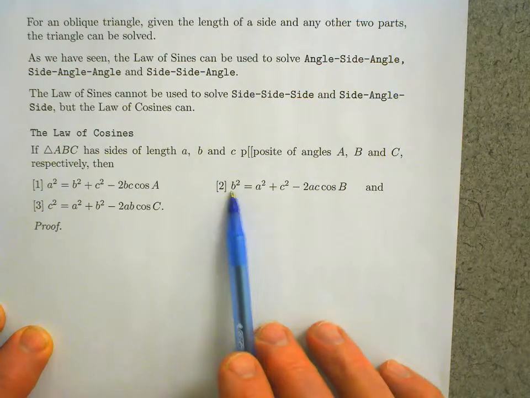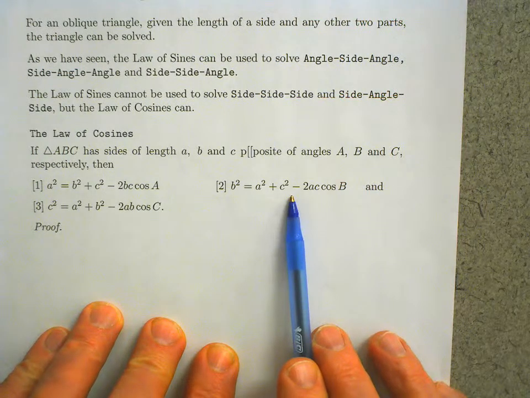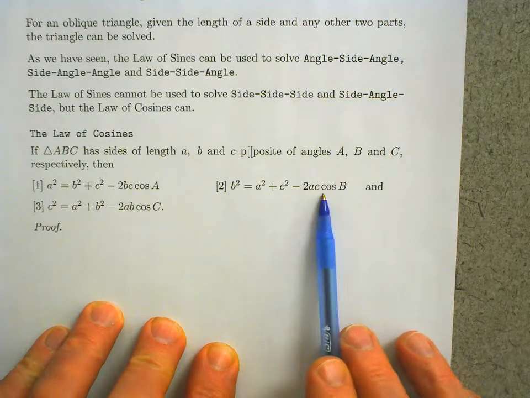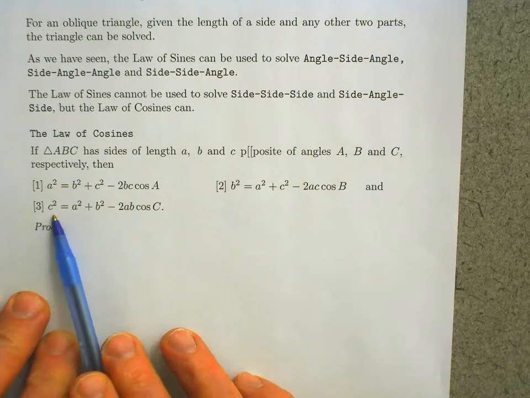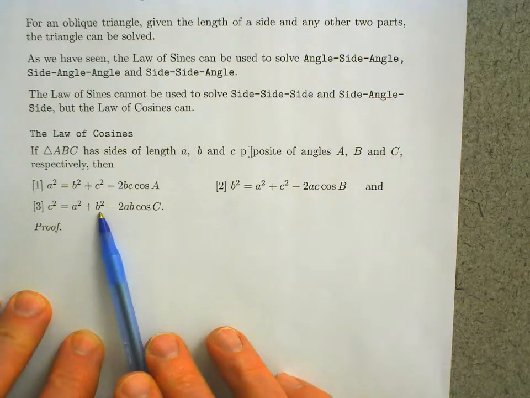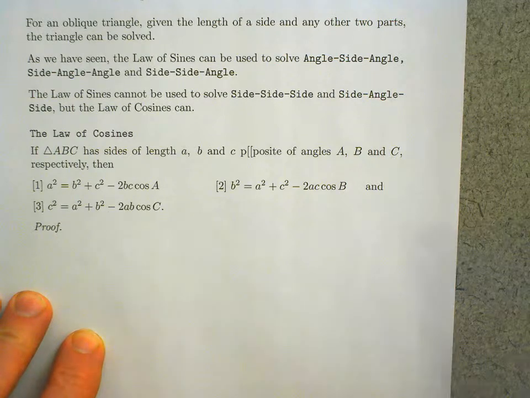It's also true that b squared is equal to a squared plus c squared minus 2ac times cosine of b. And thirdly, c squared equals a squared plus b squared minus 2ab times cosine of c.